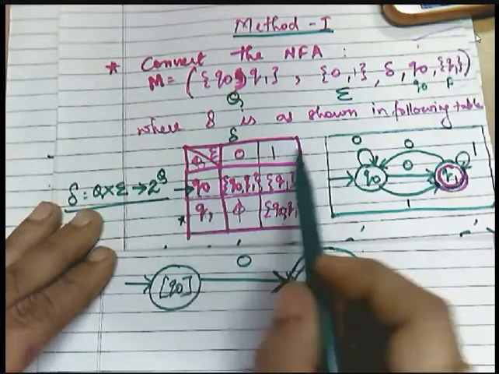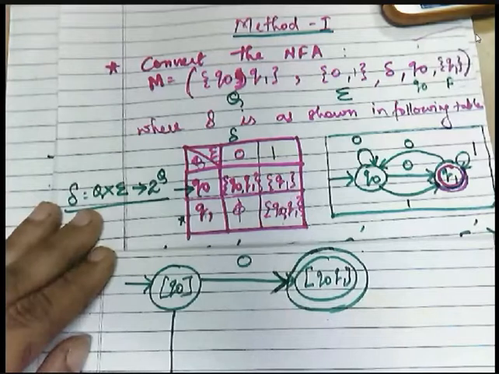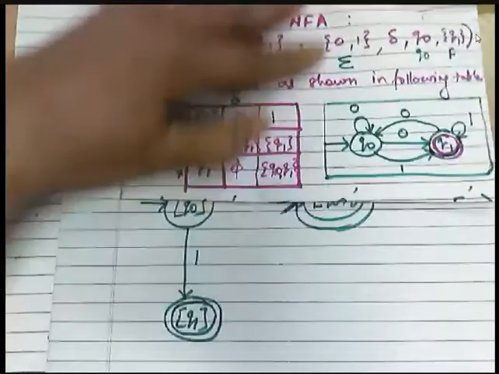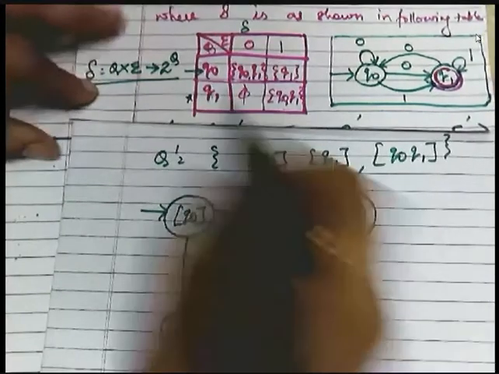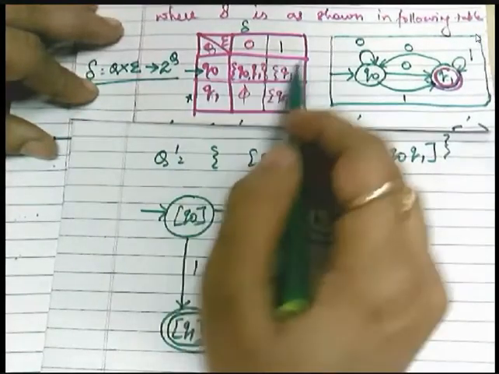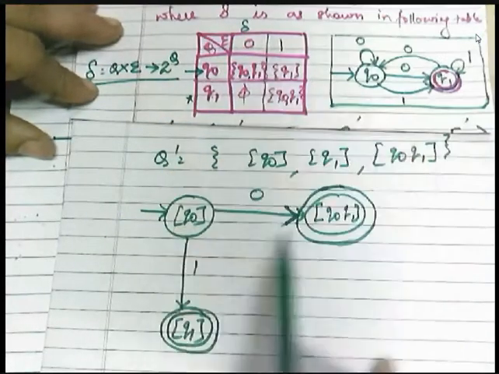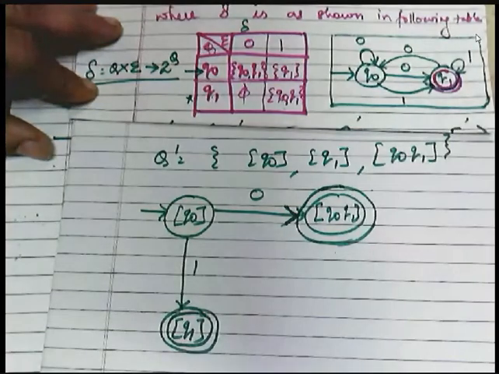Then Q0 on 1 goes to state Q1, which is again a final state, double circle. Clear? I have just represented the NFA entries directly in the equivalent DFA.